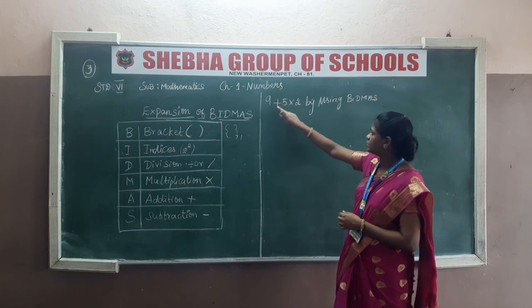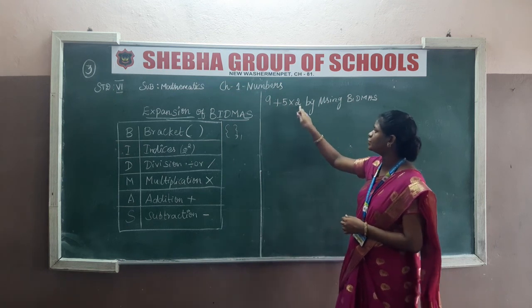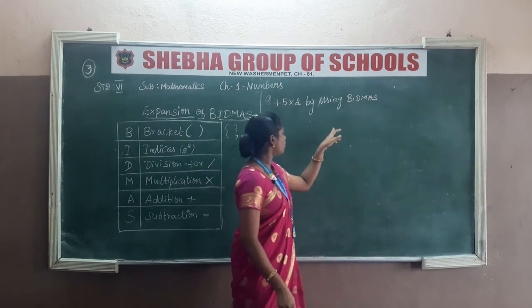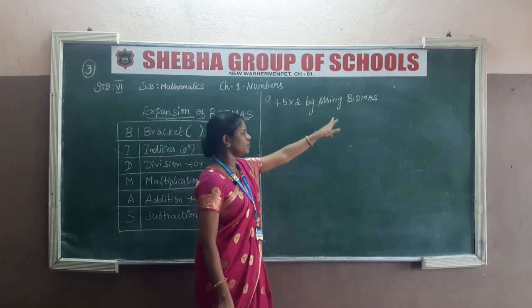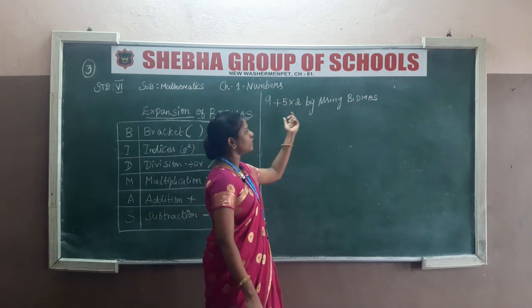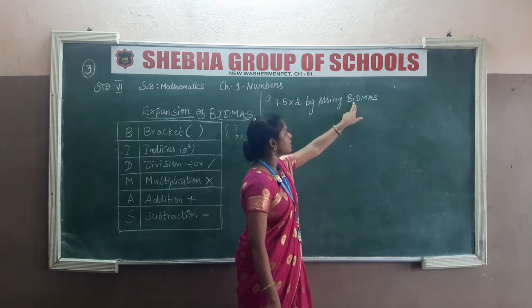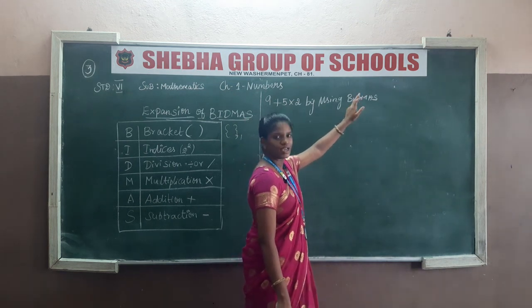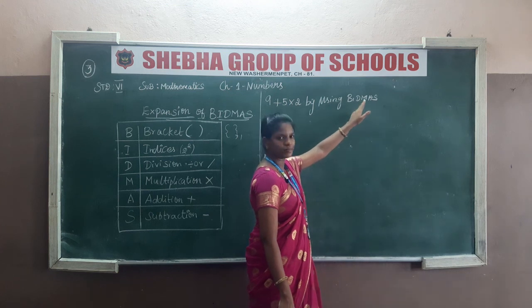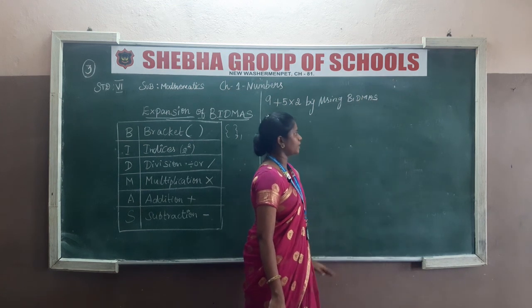BIDMAS method is nothing but first we use the bracket, then indices, then division, and next multiplication, addition and subtraction.